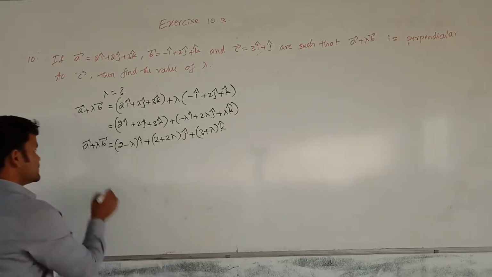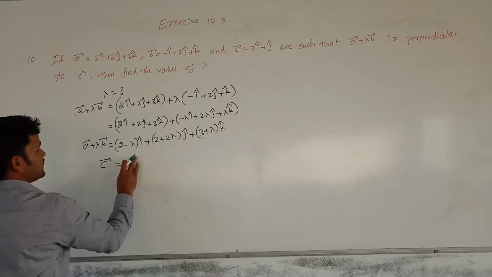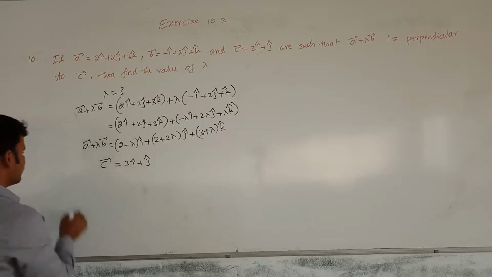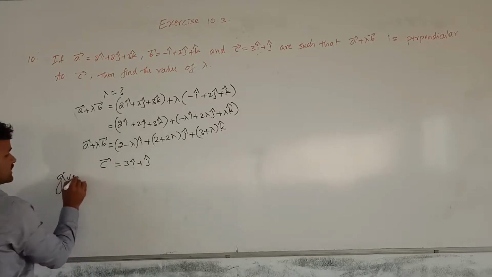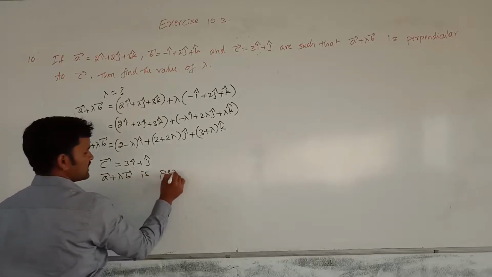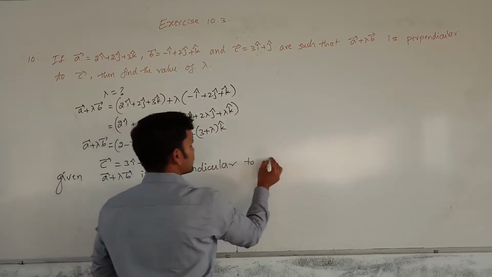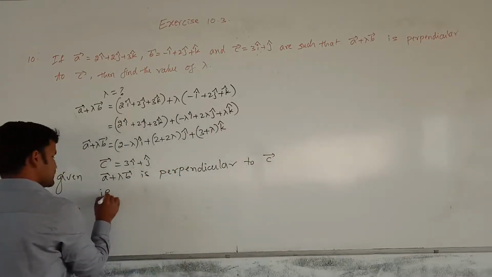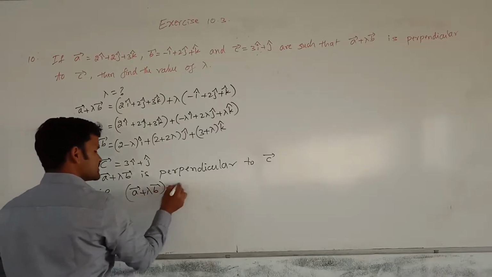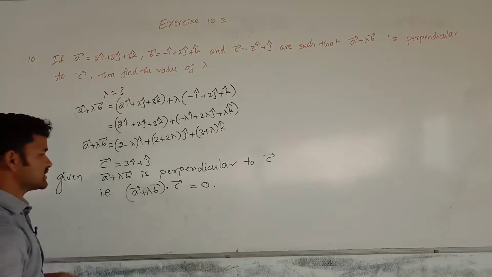What is this? This is vector A plus lambda times vector B. Vector C is directly given to us. Vector C is 3i plus j. And what they have given you is that A plus lambda B is perpendicular to vector C. That means A plus lambda B, in dot product with vector C, is equal to null, means 0.